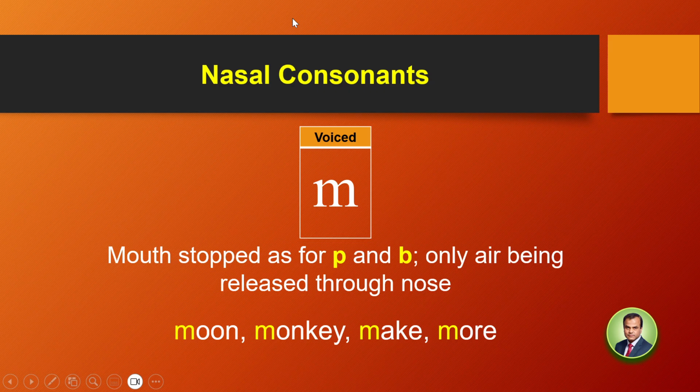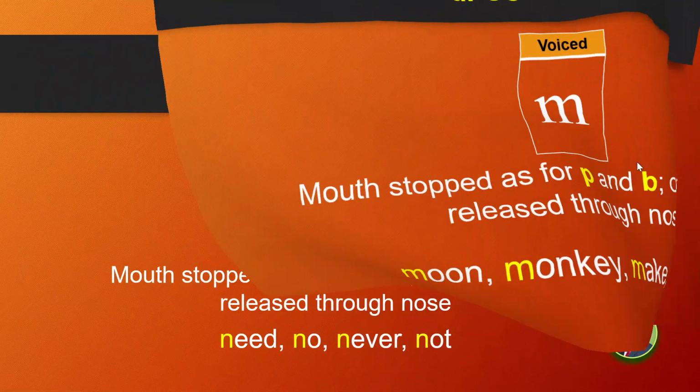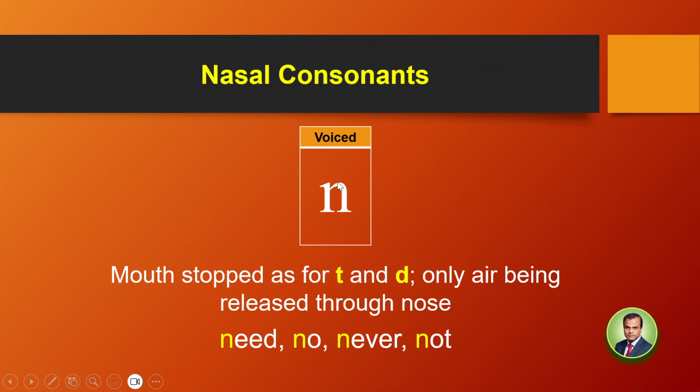The next sound we have in the phonetic alphabet is normally pronounced as the letter N, but as a sound it is pronounced as n. The shape of our mouth is exactly the same as when we pronounce T and D, but this time the air only comes through the nose.